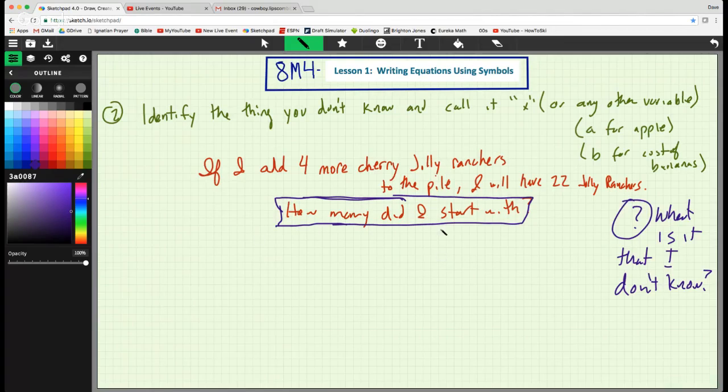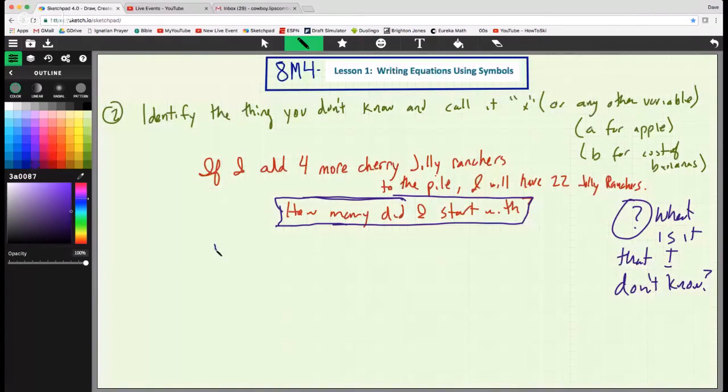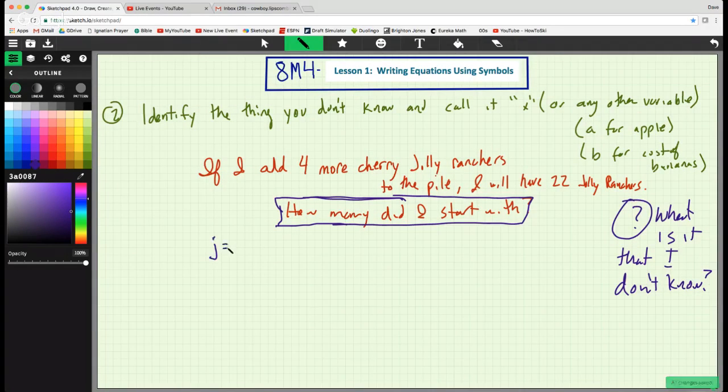Okay, so let's call that x. Well, maybe we'll call it J, because it's Jolly Ranchers. So J equals the number of cherry Jolly Ranchers in my starting pile.